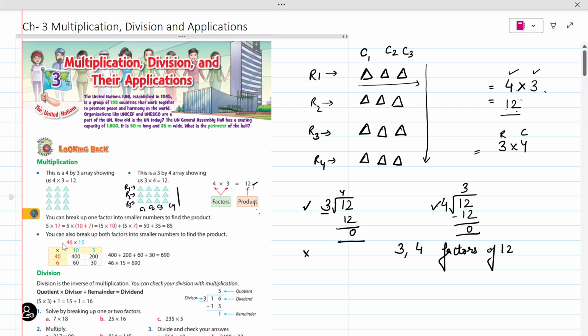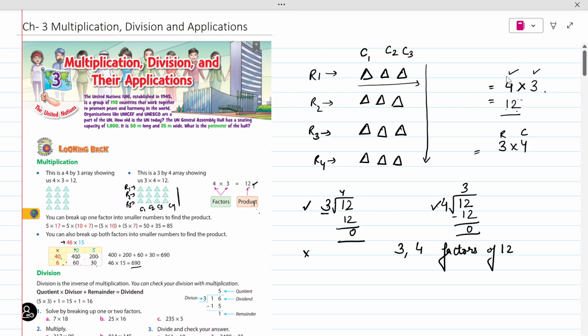They have broken 46 into 40 and 6, and 15 into 10 and 5, and then they are multiplying in an array. 40 into 10 is 400, 40 into 5 is 200, 6 into 10 is 60 and 6 into 5 is 30, and then finally we add all these numbers and get the sum. This is one of the ways we can break a multiplication into smaller parts. You will learn more ways further in this chapter.